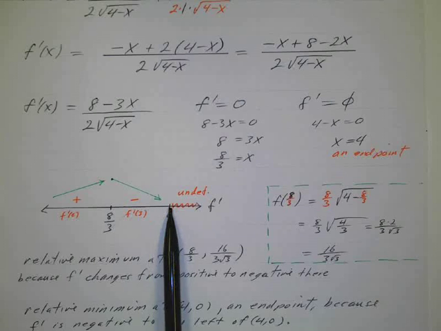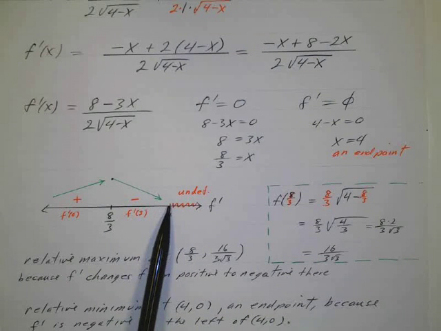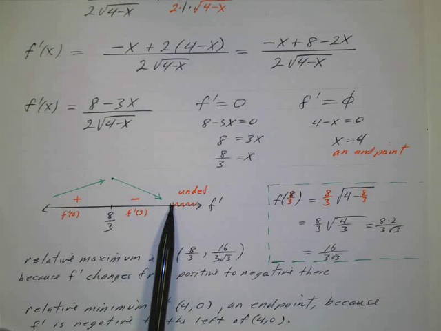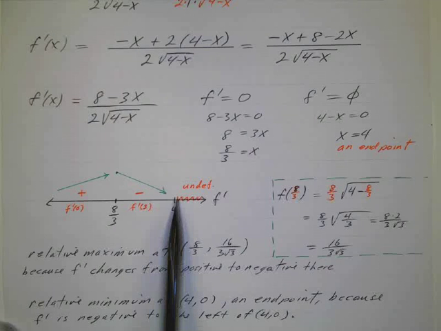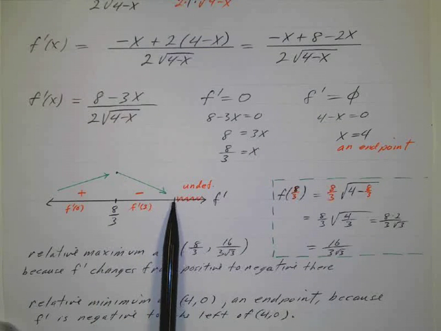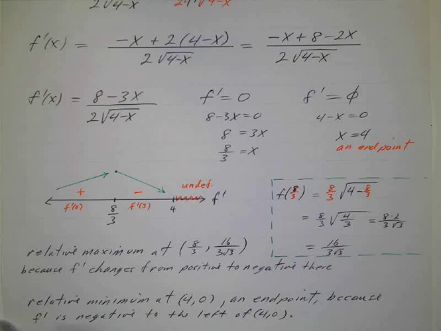Now, this is a right endpoint, but you can see that the function is decreasing up to that point. Since it's decreasing up to that point, the right endpoint will be a relative minimum, because the numbers to its left are greater than it. It's coming down to wherever that is. So it's a relative minimum at (4, 0), an endpoint, because f prime is negative to the left of 4.